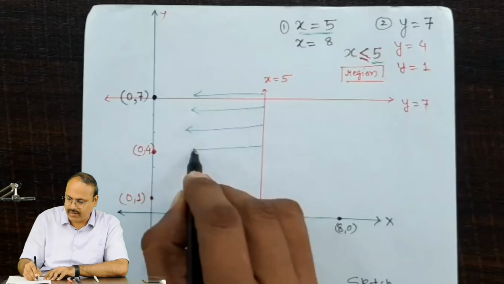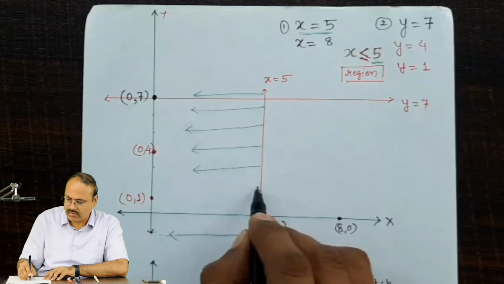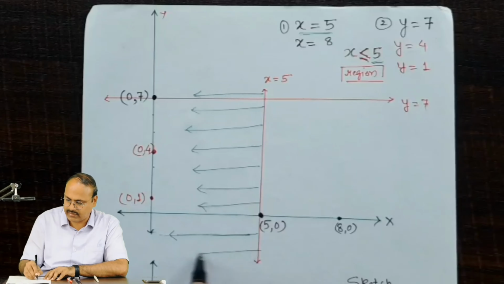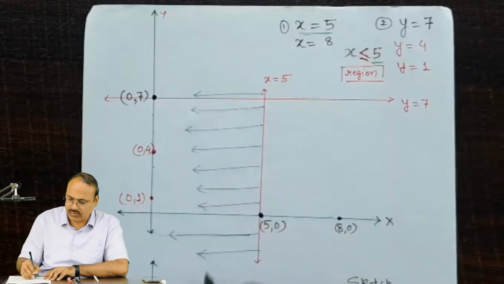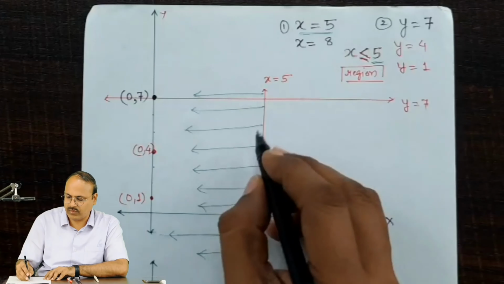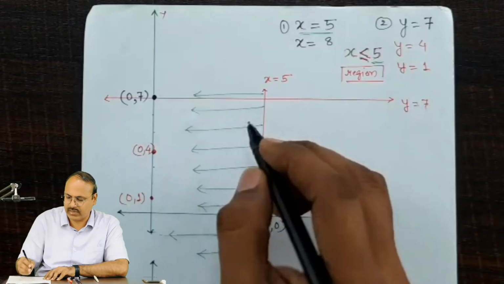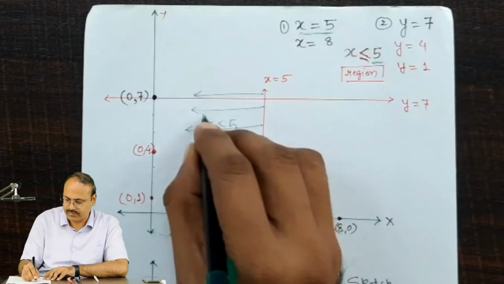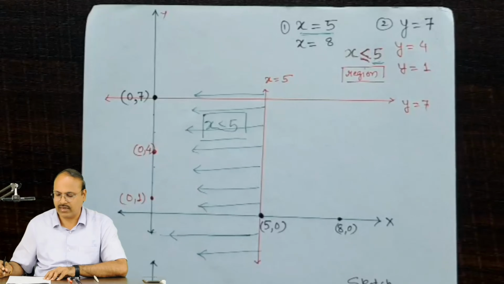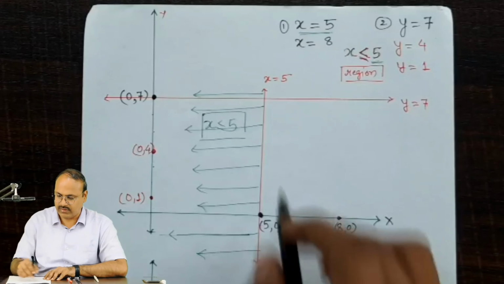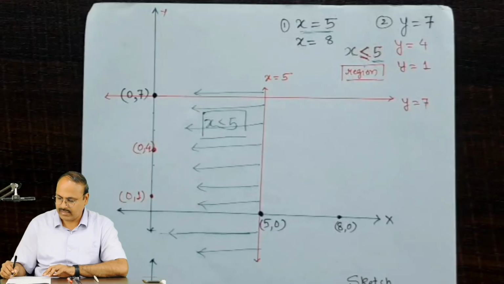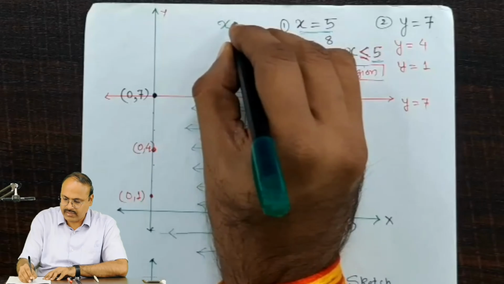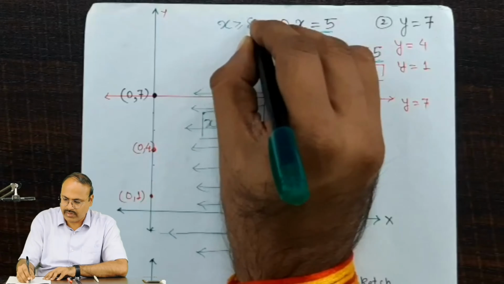This is the region representing x less than or equal to 5. So if you want to sketch the graph of x less than or equal to 5, this is the sketch of that.